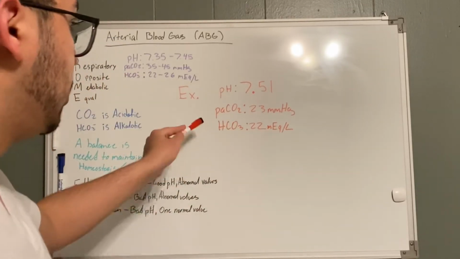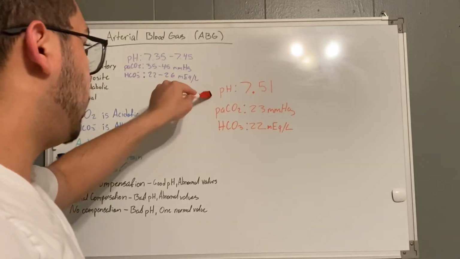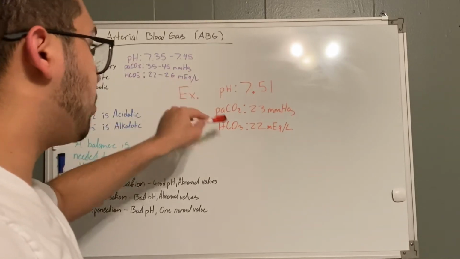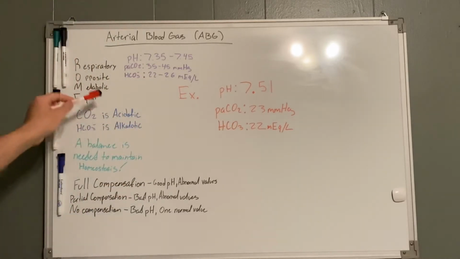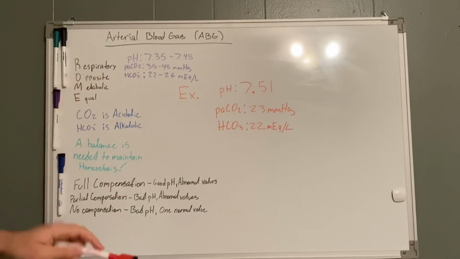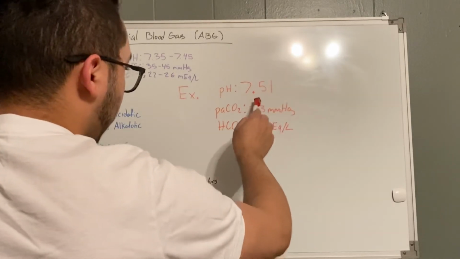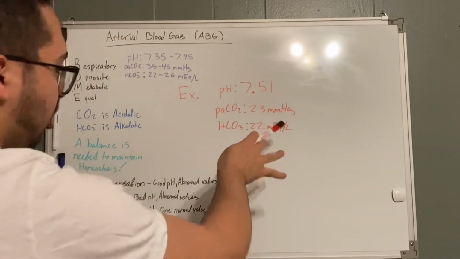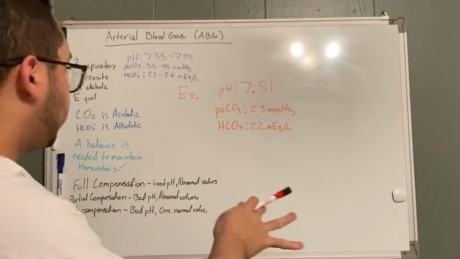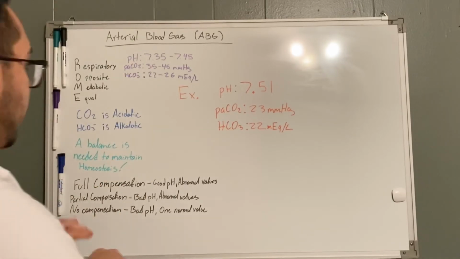So really, our chief correlation here is the pH and the carbon dioxide. So that's where ROME comes into play. Respiratory opposite. You have a high pH and a low carbon dioxide. They're opposite of each other. ROME, so boom, that tells you it's a respiratory issue.